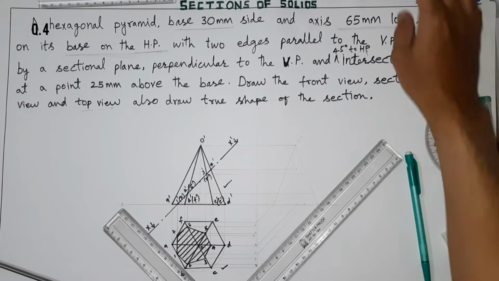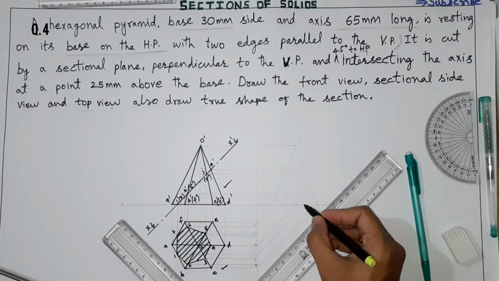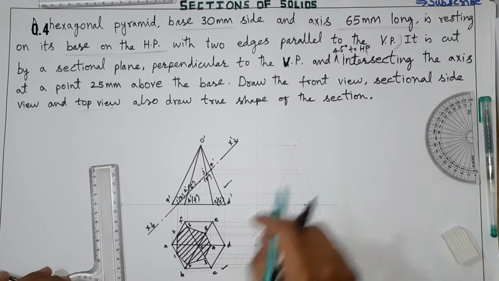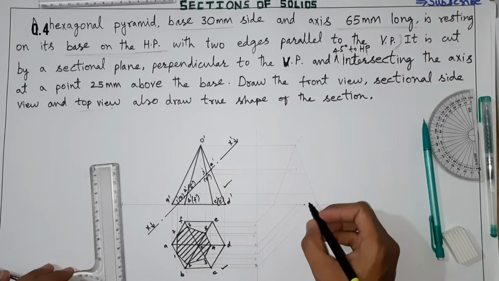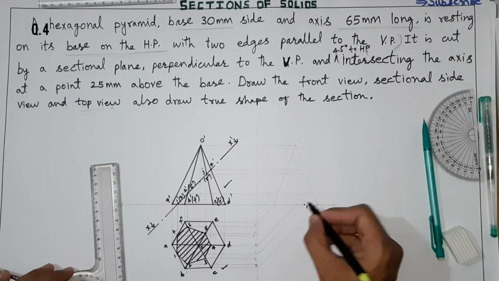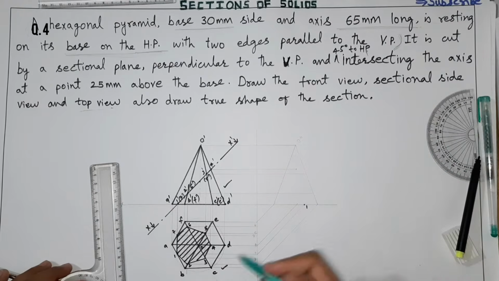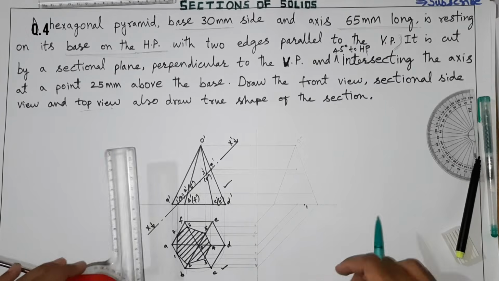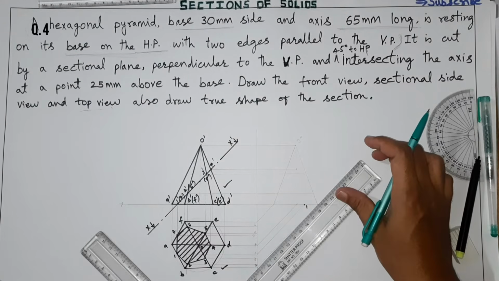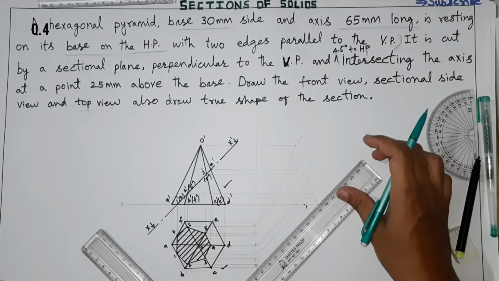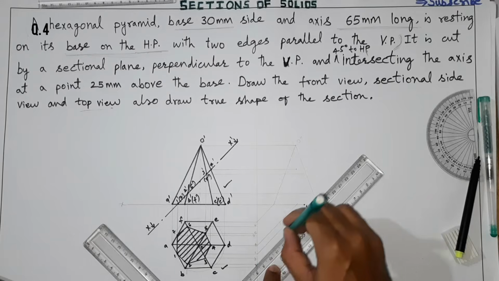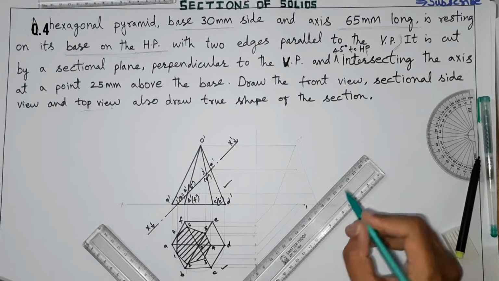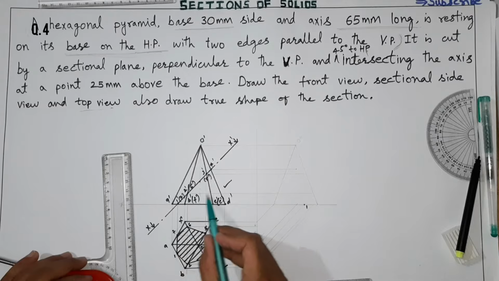Then what you need to do, you need to take this point number 1, and see point number 1 in the front view, it is here. So this is your actual point number 1 in the side view. Next take point number 2. Point number 2 is here, coming here, and this projector you have to take like this. This is point number 2. This projector you bring here in the side view, and see here point 2 is this line.